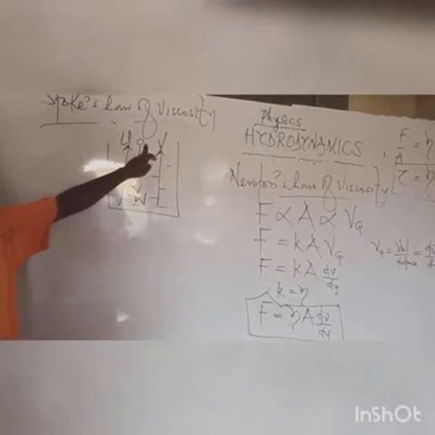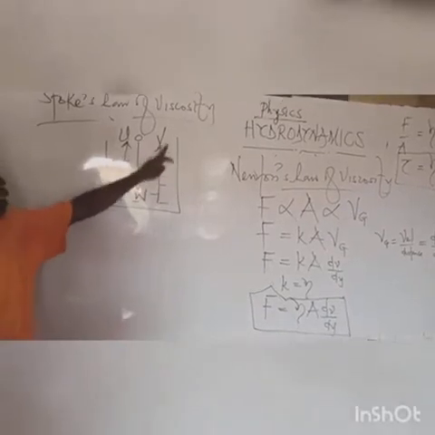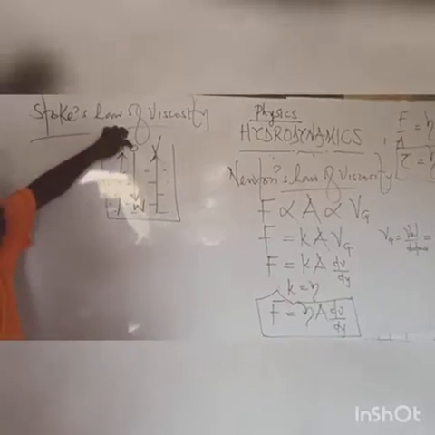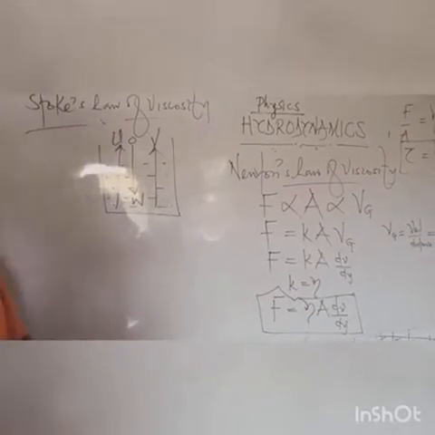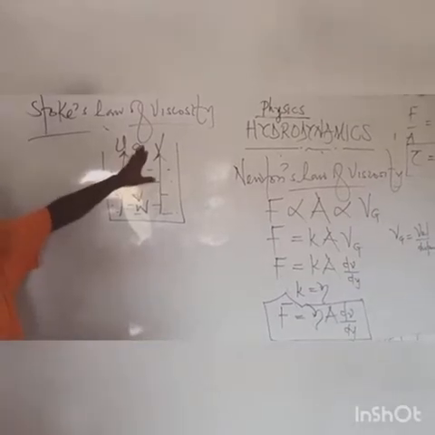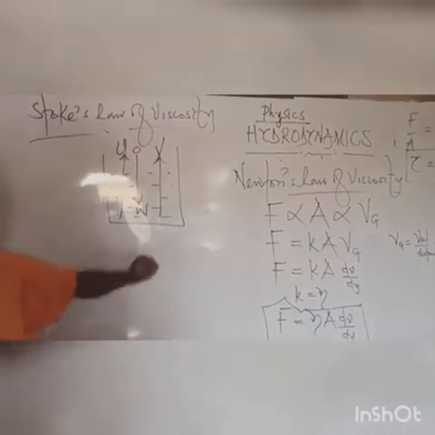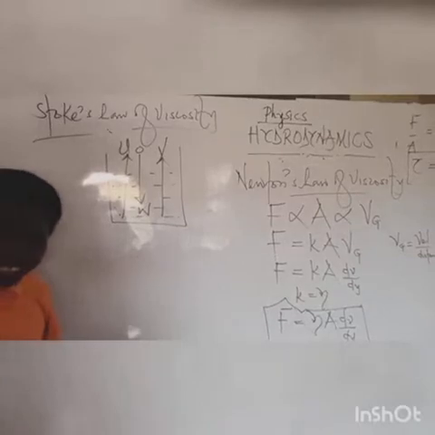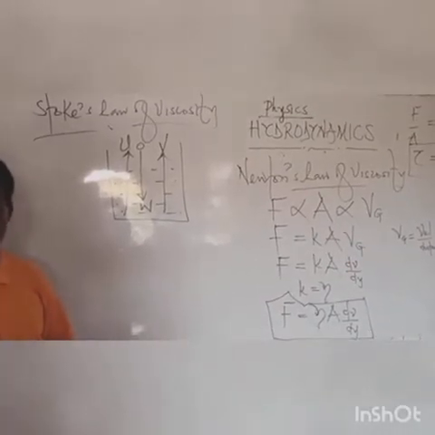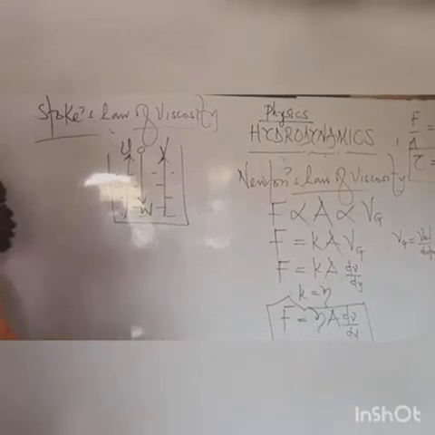The ball is acted upon in the upward direction by viscous force and upthrust, while the weight of the ball is acting downward. According to Stokes, when a ball is first dropped in a viscous liquid, it first accelerates before moving with a uniform velocity known as terminal velocity.